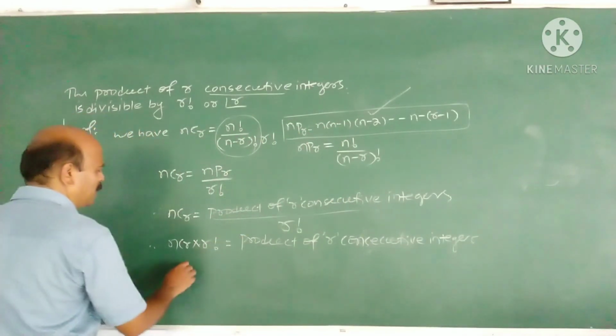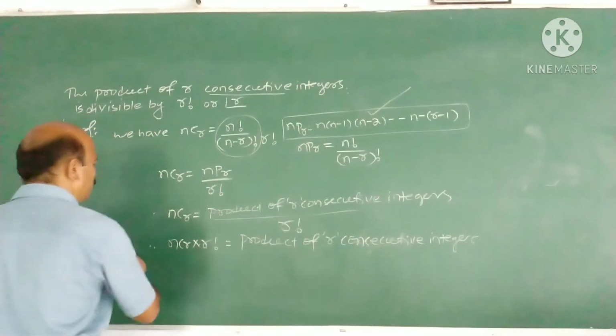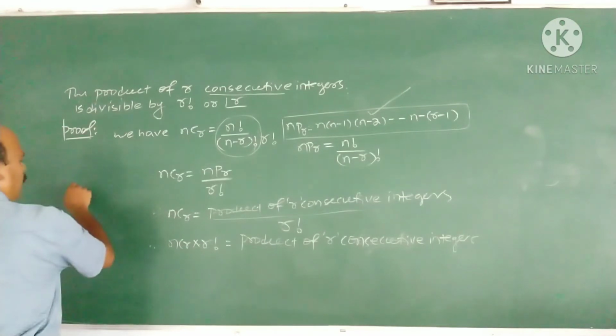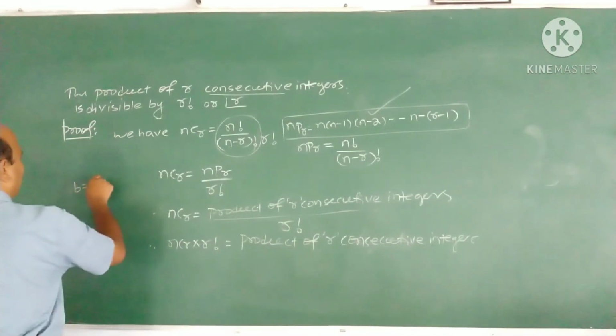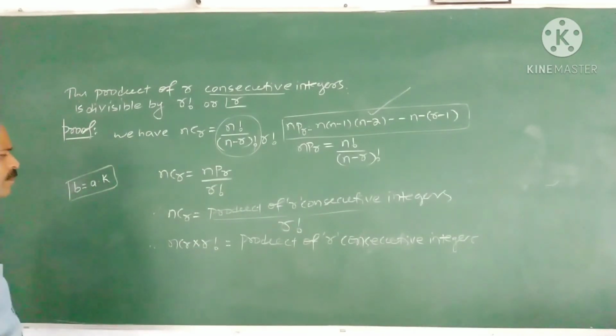Now, what does this imply? See, we have this one: B is A into K, of this form. Is it of this form?